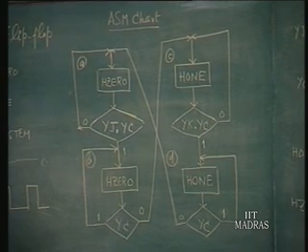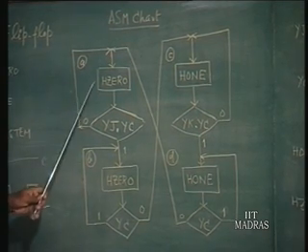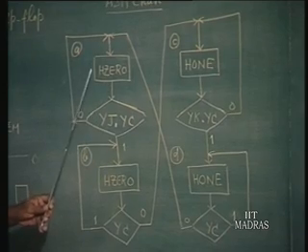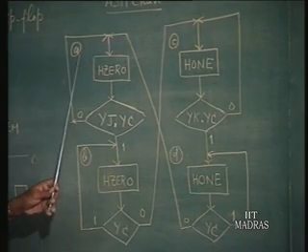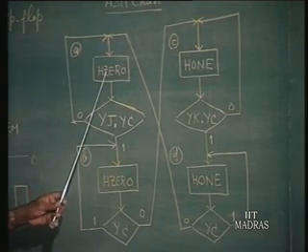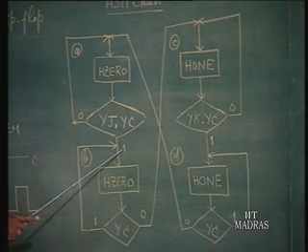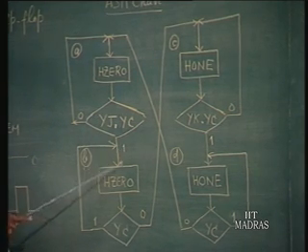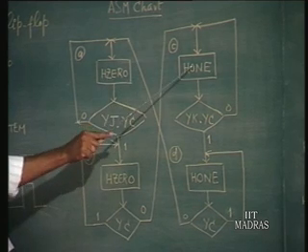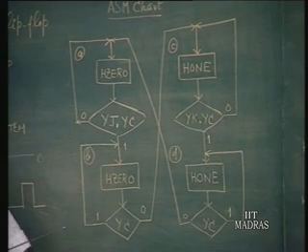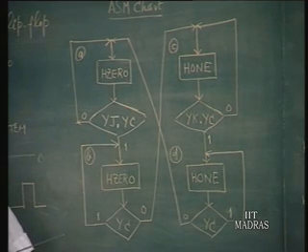Take a look at the present state 0, the present state in which the output is 0. J, when it becomes 1, will ultimately lead to a state transition so that the output generated will be 1.